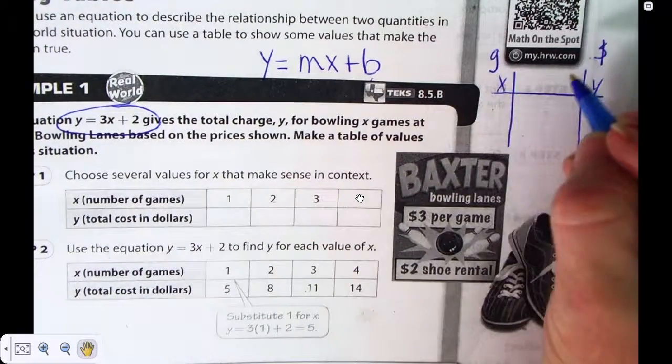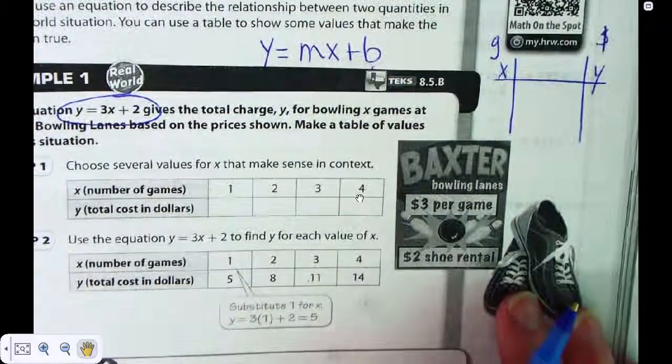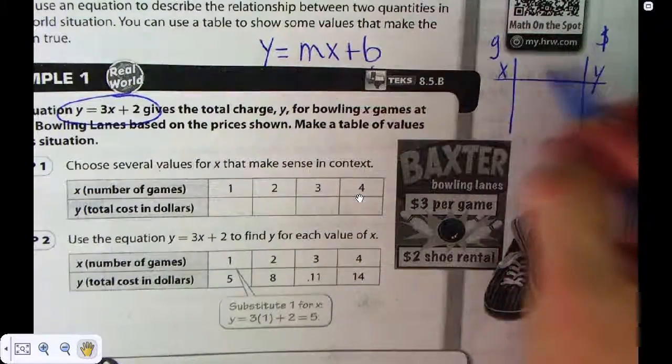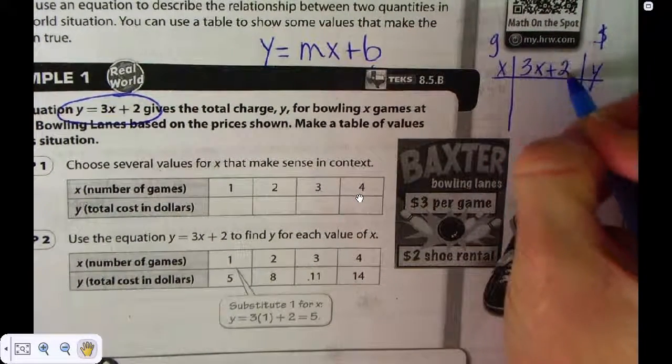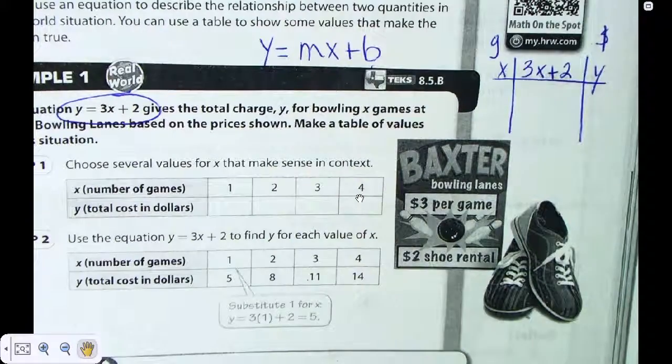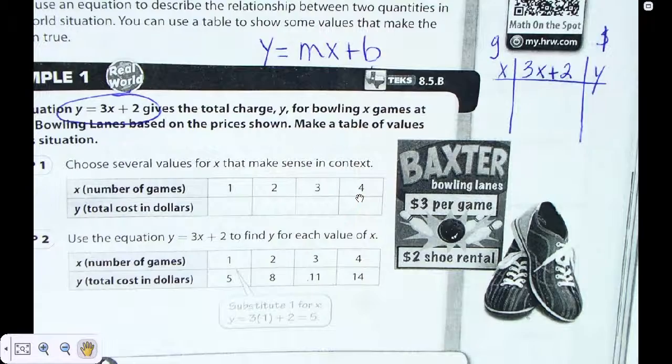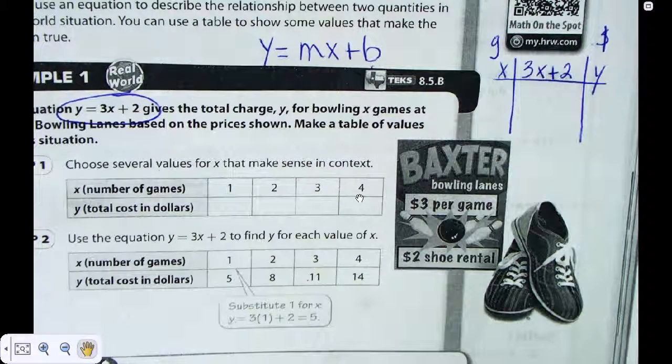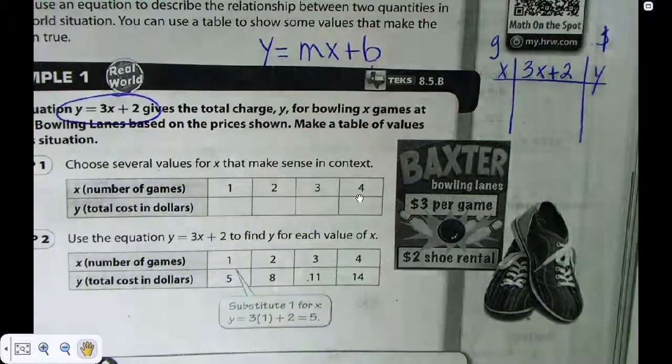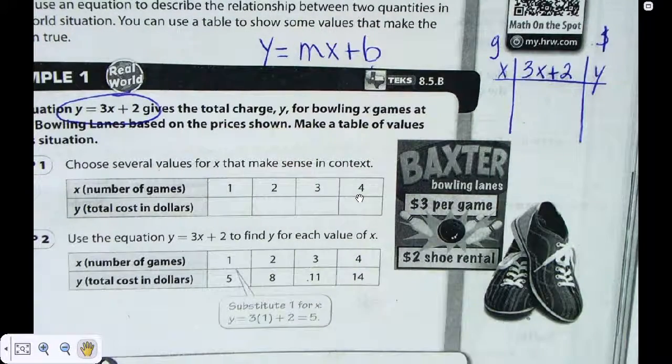And if you are working at this place, this is the formula or the expression, the rule you would use to get the total cost, 3x plus 2. 3 is the what? Is the m, which is the slope. Very good, Brooke. M is the slope, which is the rate of change, which is how much you're going to pay per game that you bowl.